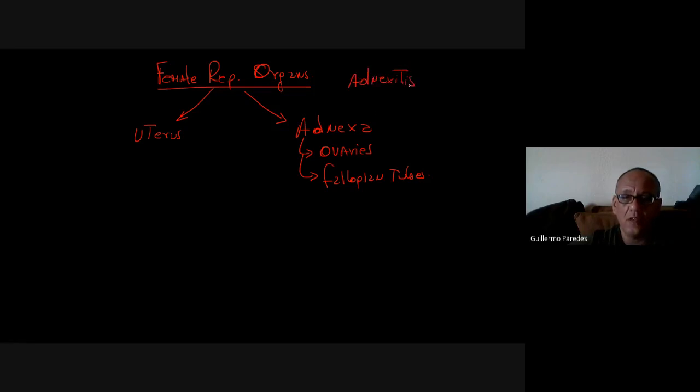When you hear this word, that means it's not specifically localized. For example, there's some inflammation in the pelvic area, and it can be the ovaries and/or the fallopian tubes. That is annexitis.